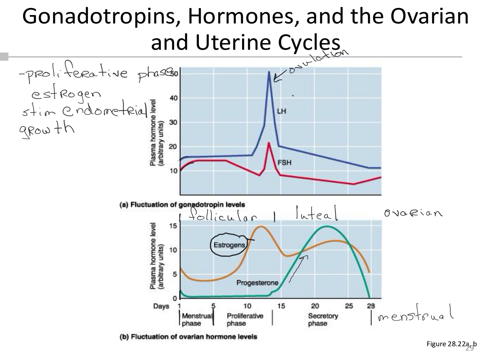Then after ovulation, the menstrual cycle starts the secretory phase, where progesterone is maintaining the endometrial lining.